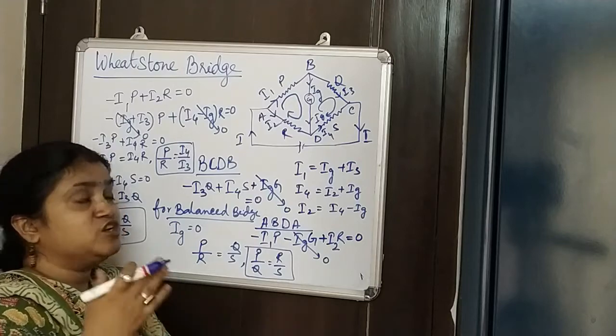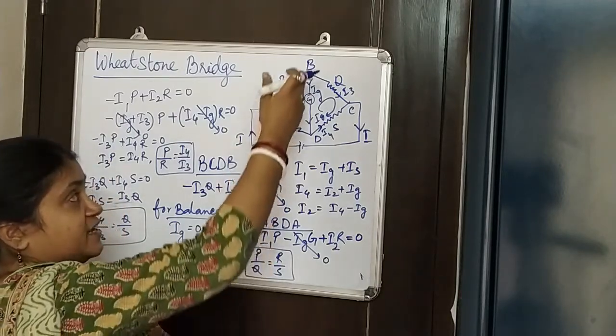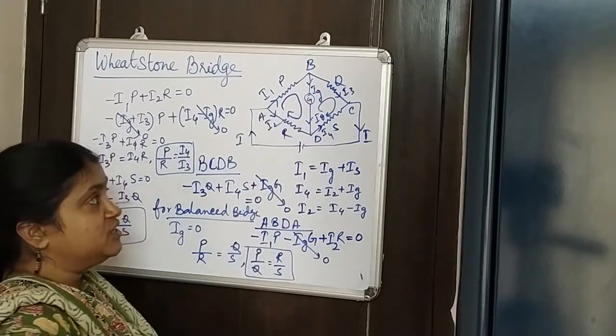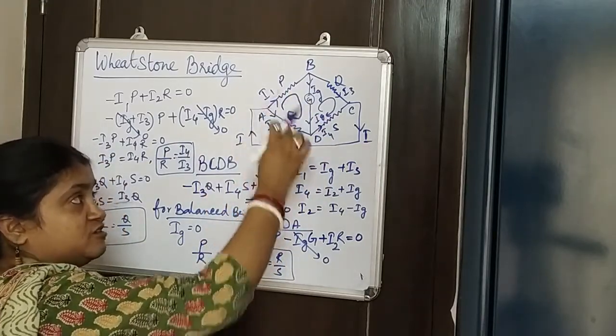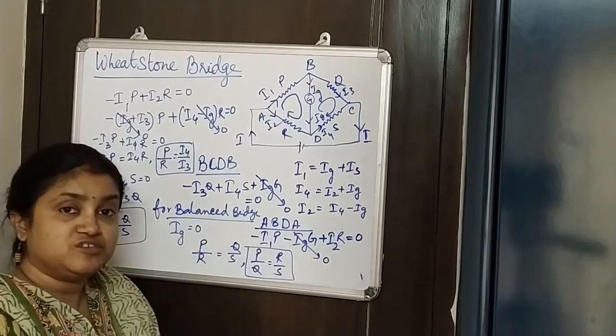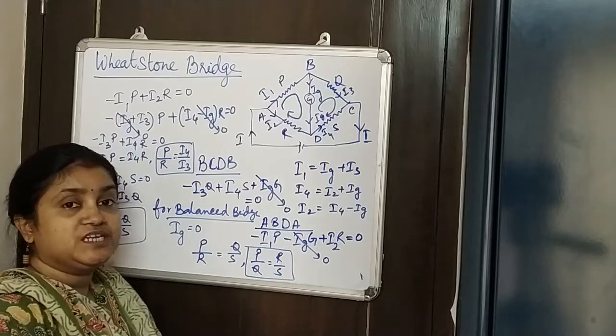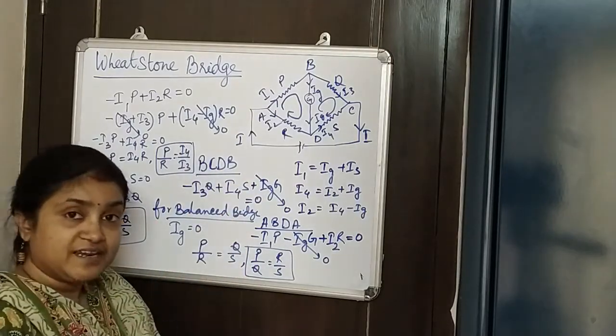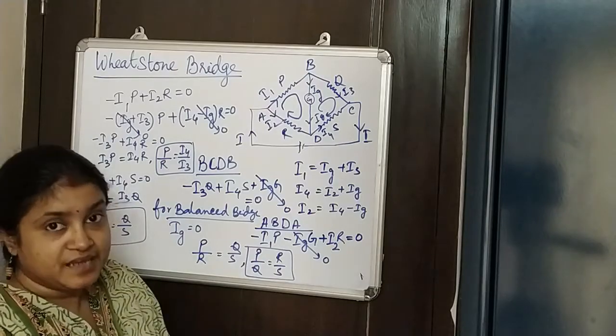The galvanometer will not show any deflection, and both points B and D would be at the same potential. This particular situation is called the balanced situation or balanced bridge situation. Using this particular condition, many types of circuit analysis can be done.